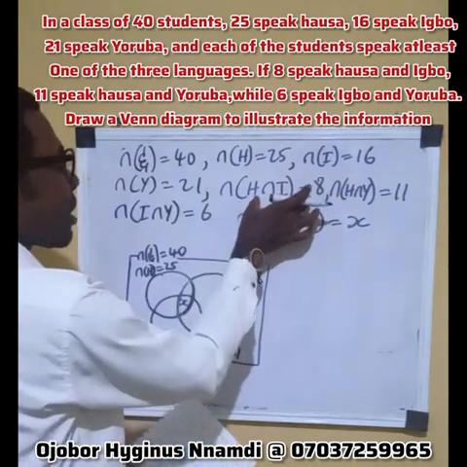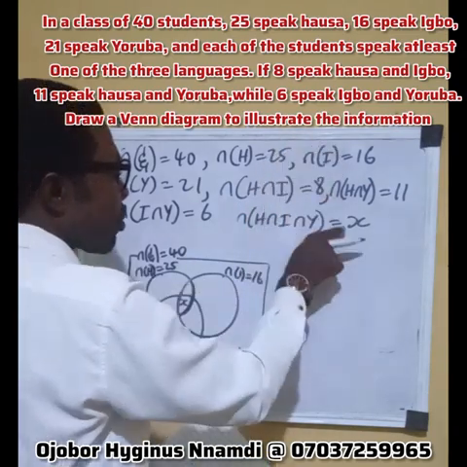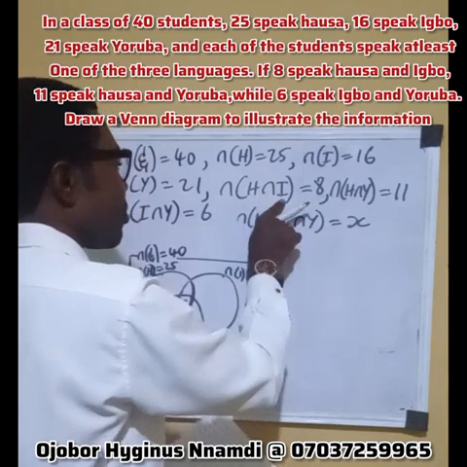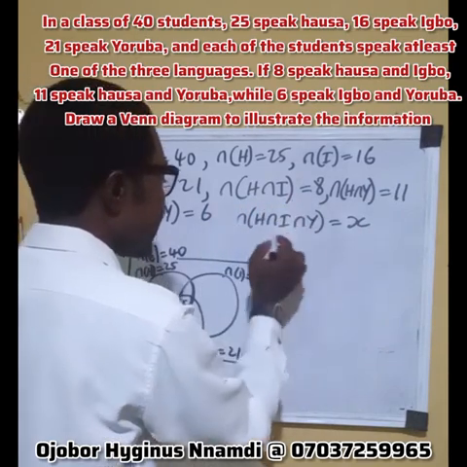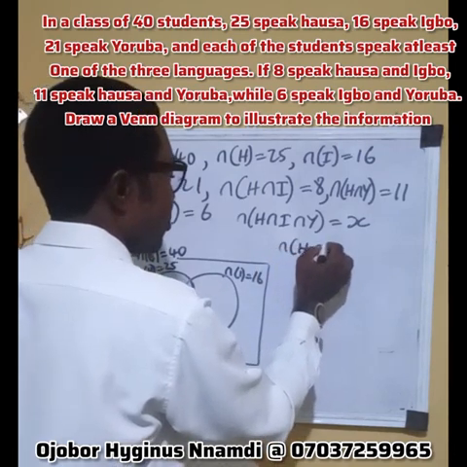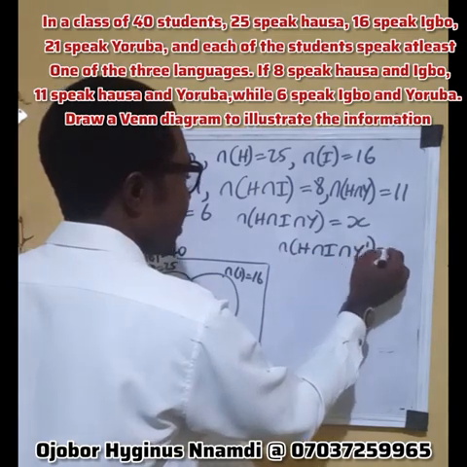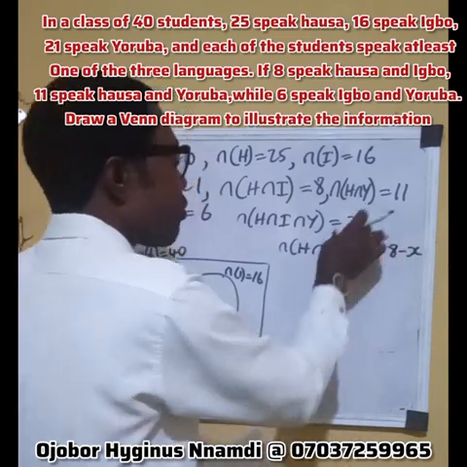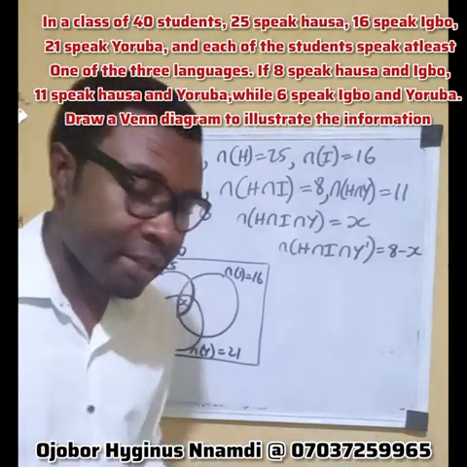If 8 speak Hausa and Igbo, there are people in this 8 that also speak Yoruba, but they are counted as those that speak Hausa and Igbo. So if we want to get the number of students that speak Hausa and Igbo only, that is Hausa and Igbo but not Yoruba, Y prime, it is going to be 8 minus X. So we remove those that are speaking the three languages to have those that are speaking Hausa and Igbo only.